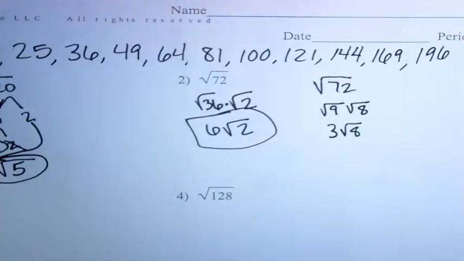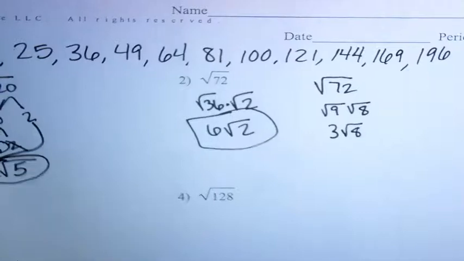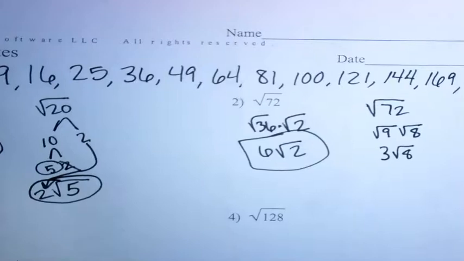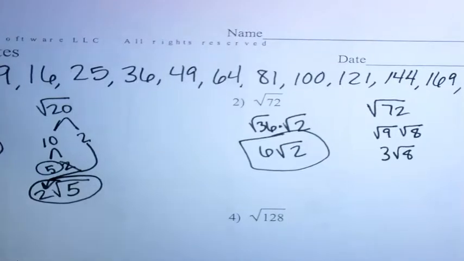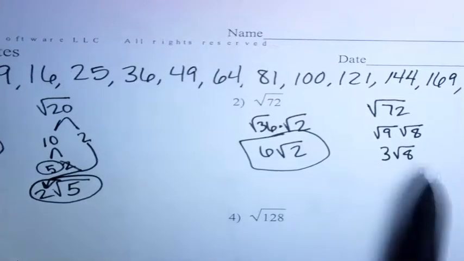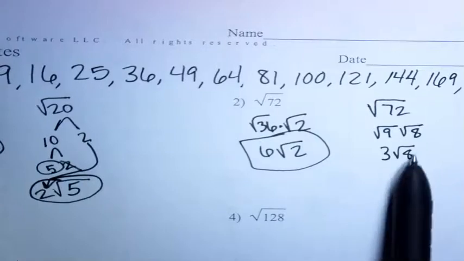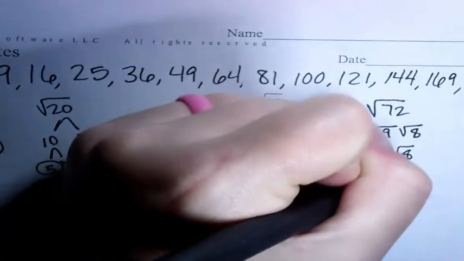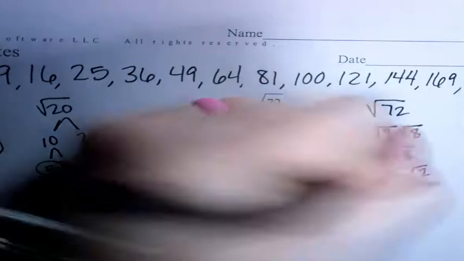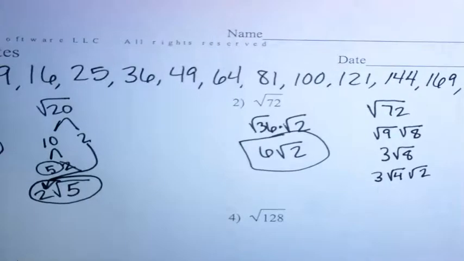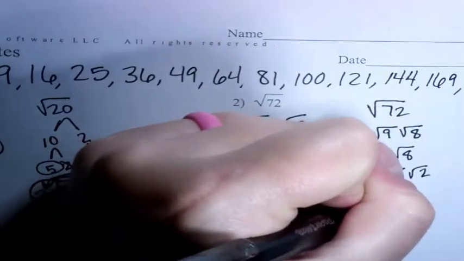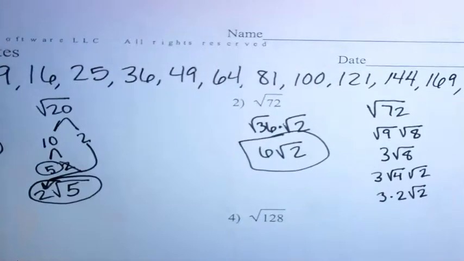It's wrong. Because can one of these perfect squares multiply into 8? Is that a factor of 8? Yeah, which one? 4. 4 can go into 8, right? Because 4 times 2 is 8. So you would have to do the whole process again and split this into 4 and 2. And then you would end up with 3 times 2 times root 2.